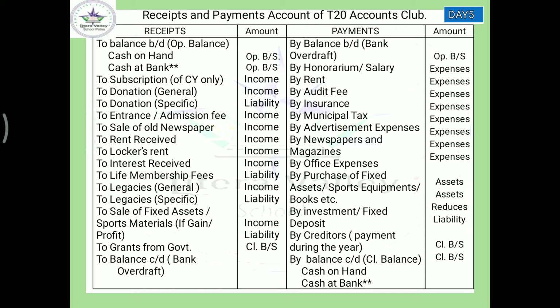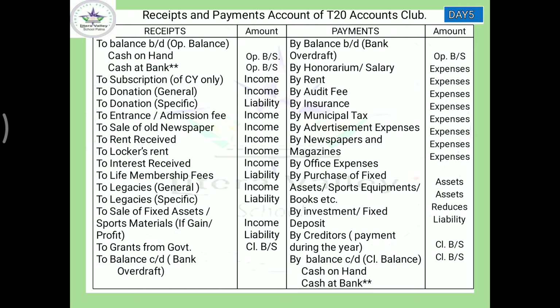It will be only 800 on the income side. Although receipt is of 1000, for the previous year you have received 200 and 800 for the current year. So income and expenditure account is prepared for the current accounting period, not for the coming year and not for the last previous year.